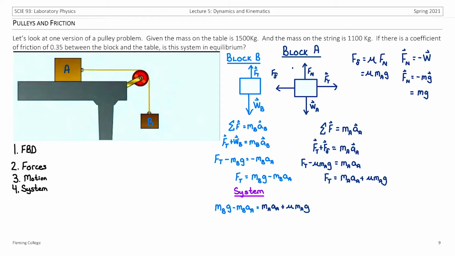You may notice that we have two common symbols. Gravity shows up on both the left and right side, and acceleration shows up on both the left and right side. I'm going to try to collect all these terms.